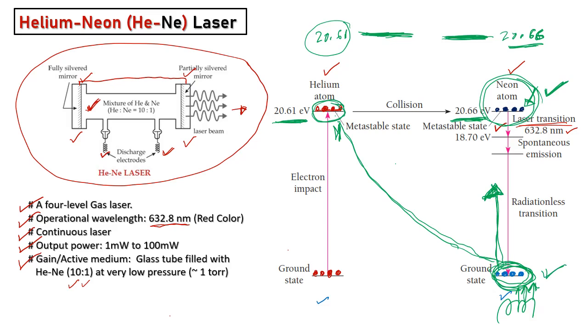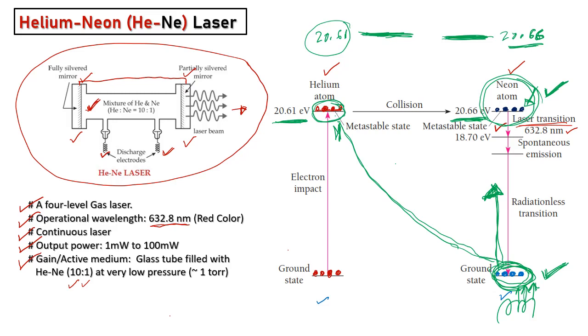That's why we are going to have a population inversion in the neon system, that more and more atoms are there in the metastable state of the neon atom as compared to the ground state of the neon atom. So the population inversion is achieved with the help of the helium atoms.